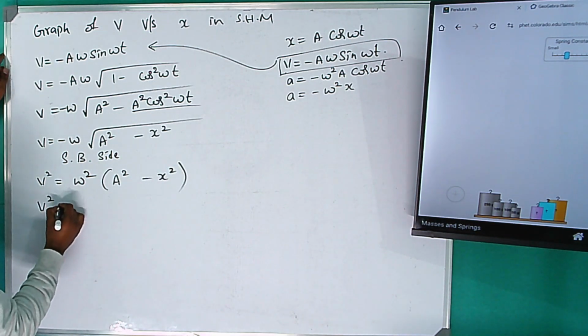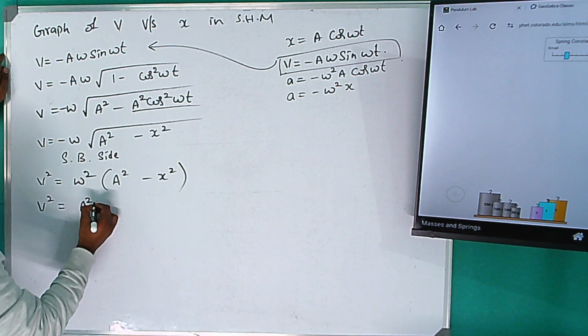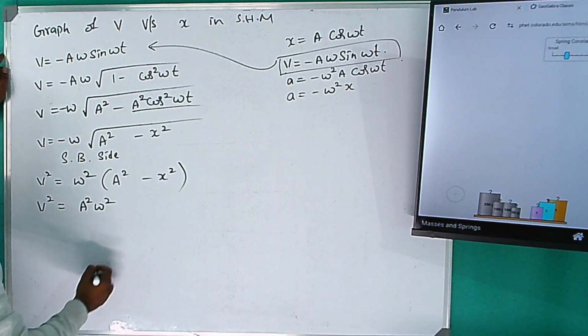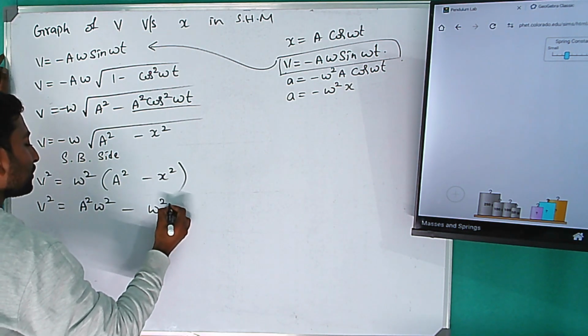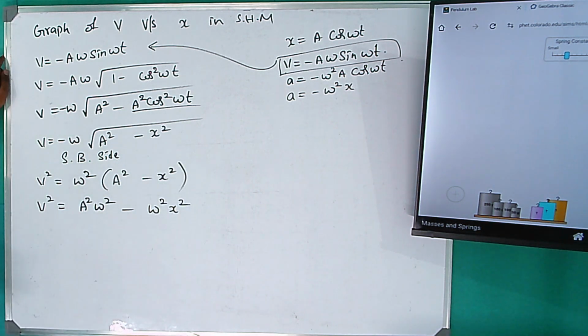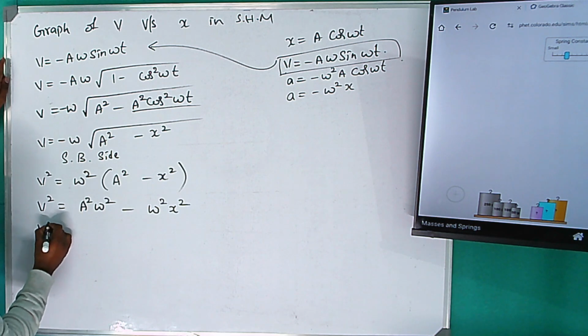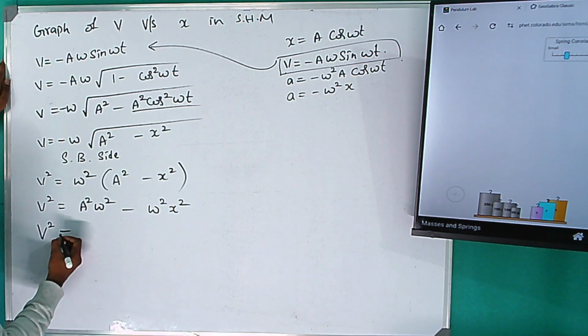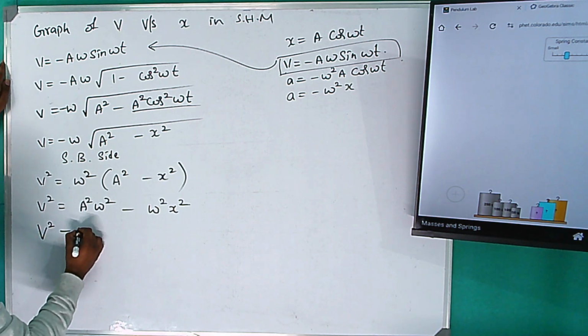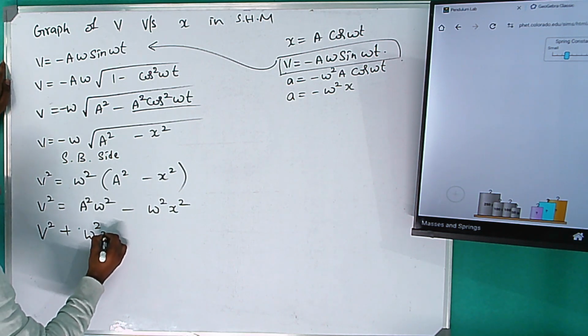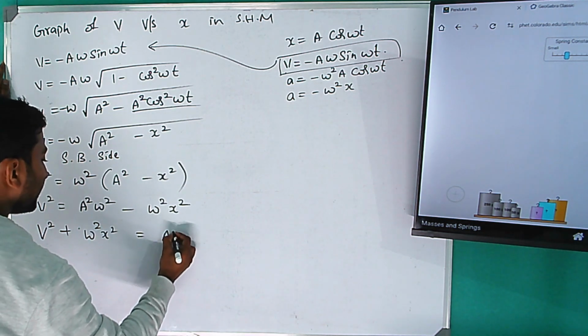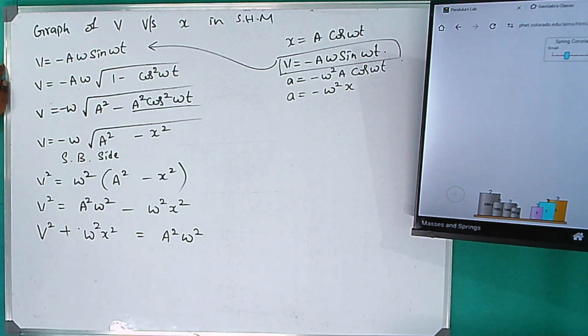So v square is equal to a square omega square minus omega square x square. Let me take the negative term to the LHS. v square plus omega square x square is equal to a square omega square.